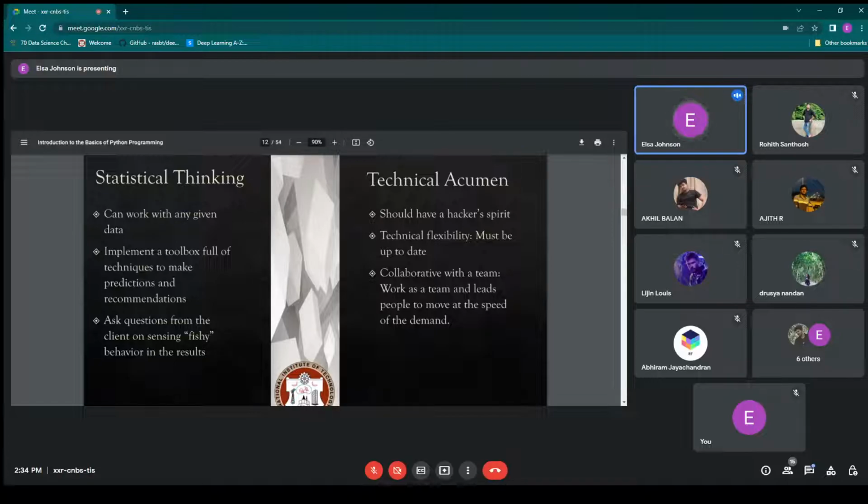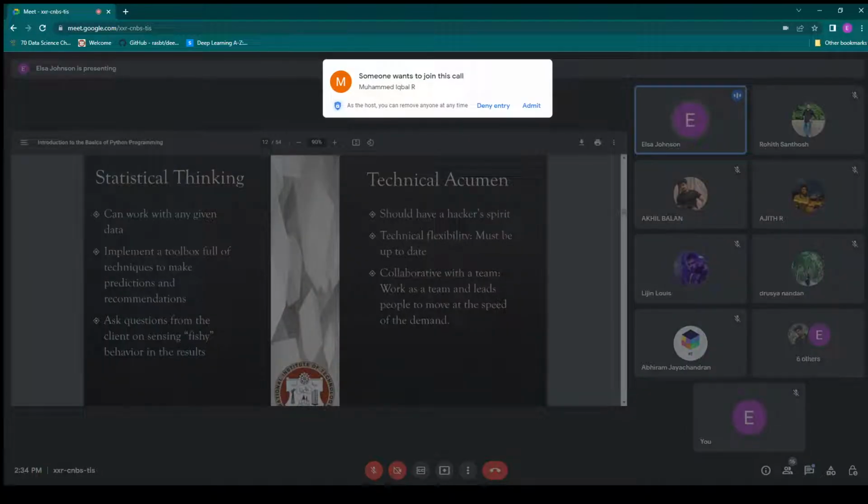Next is technical acumen. You should have a hacker spirit, and you should be up to date with the technology present. Then you should be able to collaborate with a team. So you should be able to work as a team and lead people to move at the speed of the demand. Collaborating is something you can practice when you are doing your final year project itself.